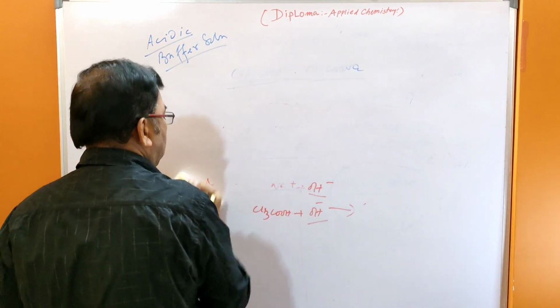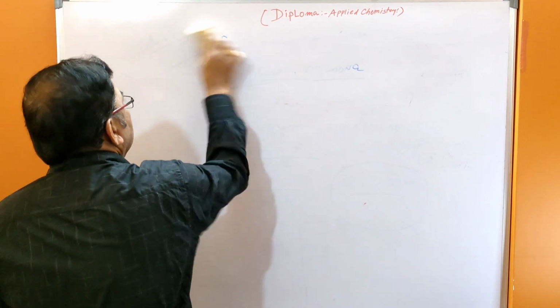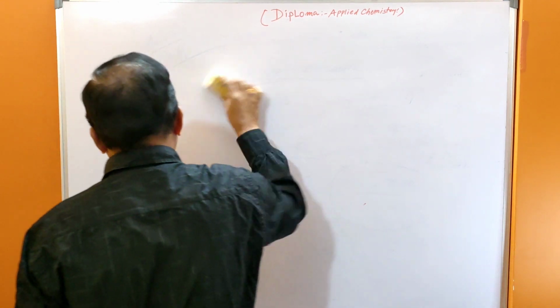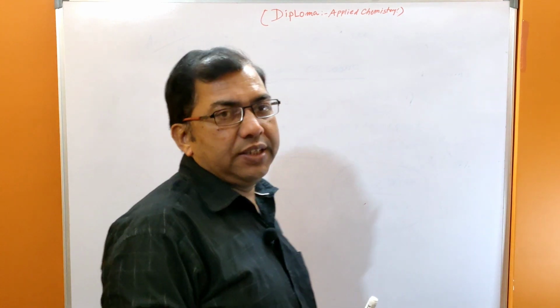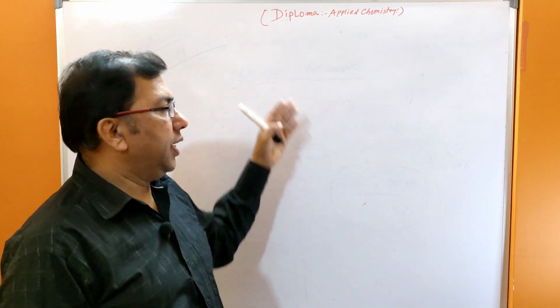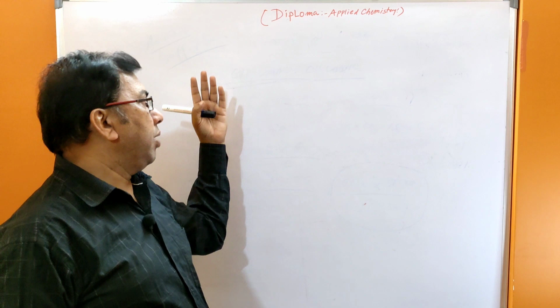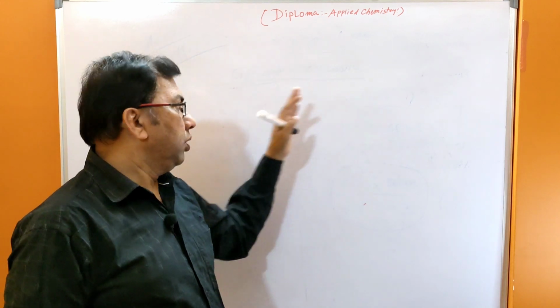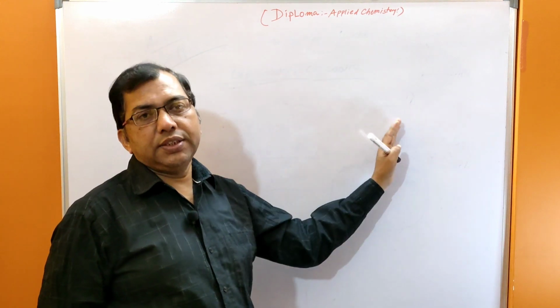Now, there are so many discussions. A question may come: classify fuel with example, classify lubricant with example. First, fuel: natural fuel, that is primary fuel, and secondary fuel. I have told you primary fuel has three types, solid, liquid, gases, and secondary also has solid, liquid, gases.